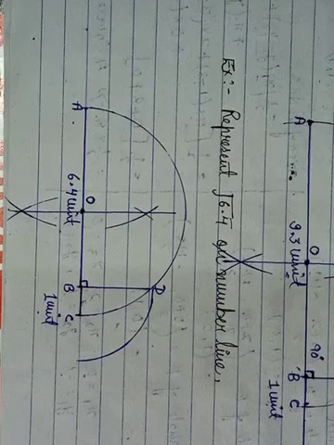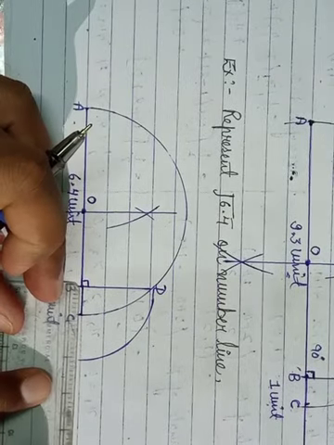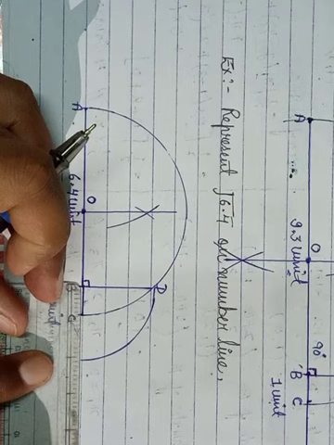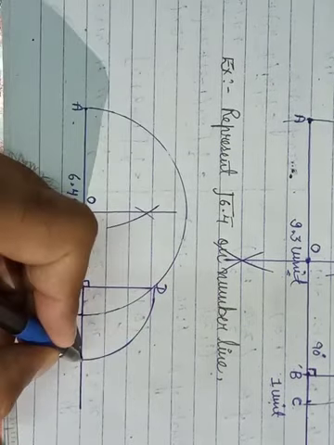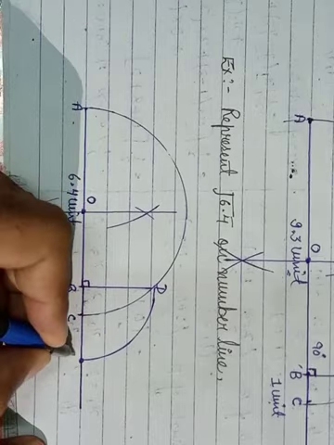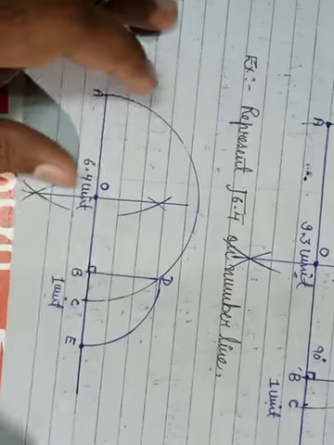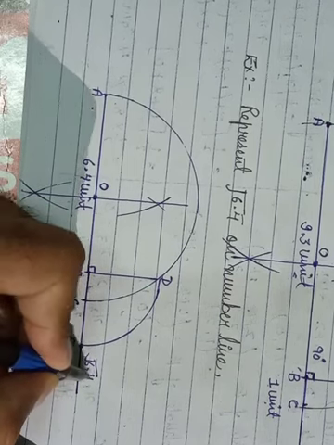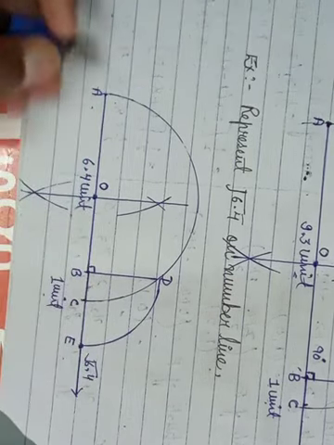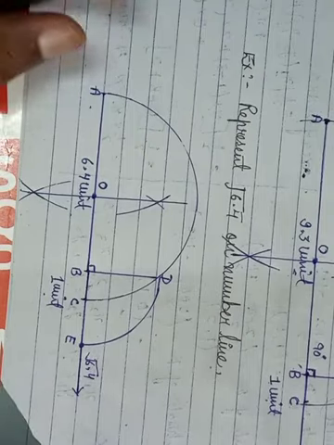When we produce the line, it meets the cut arc at point E. This point E represents root 6.4 here. I hope you can understand here.